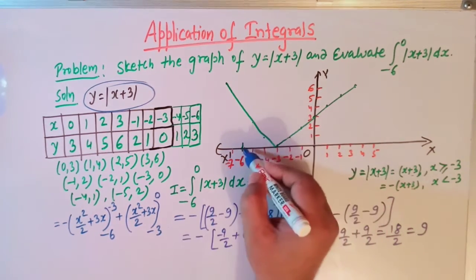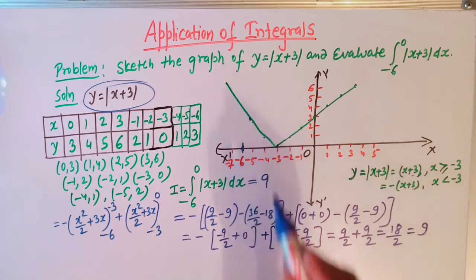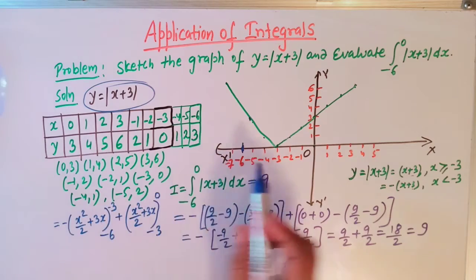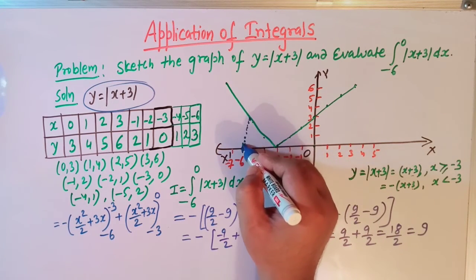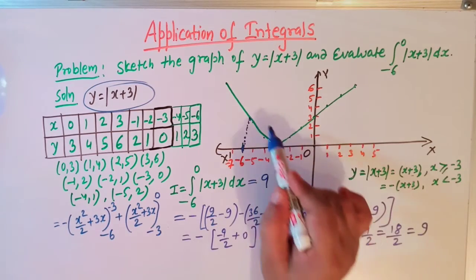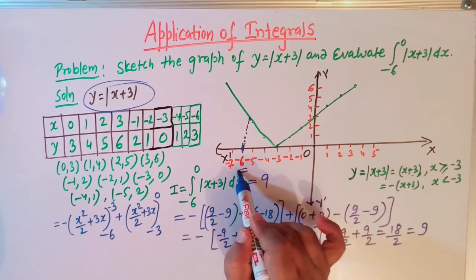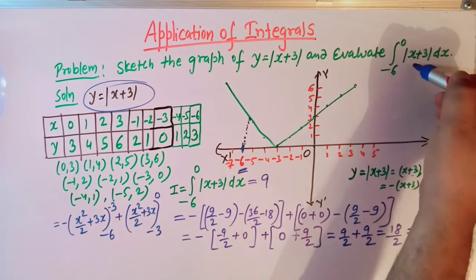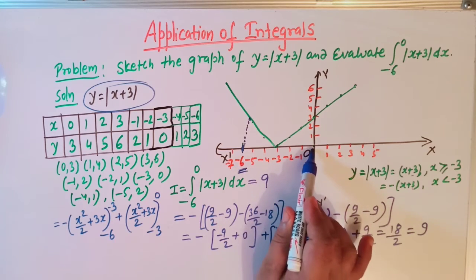So here for minus 6 we have y equal to 3, right? So if we join these 2 points, it means that in this integral we have to integrate from minus 6 to 0.